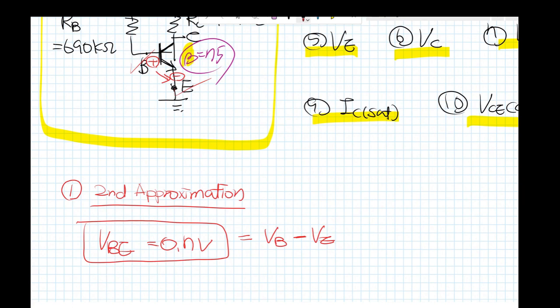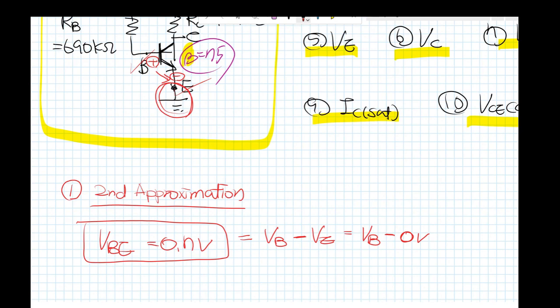For this case, V sub B minus V sub E, and V sub E is 0, because going back to the circuit, it's connected to the ground.